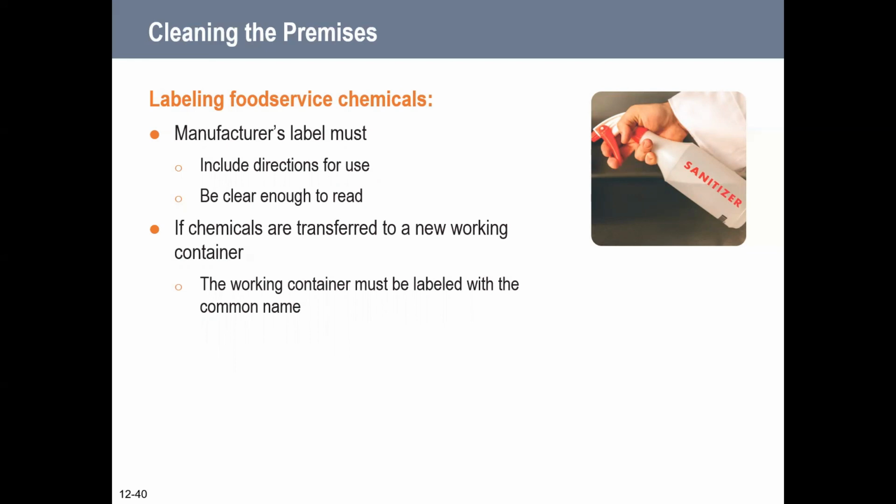Right. Bleach water, chlorine, sanitizer, something like that. So it's easily understood what it is, so nobody has a misconception and tries to use it for something else. So if it's stored outside of its original container, it needs to be labeled so people understand what it is.